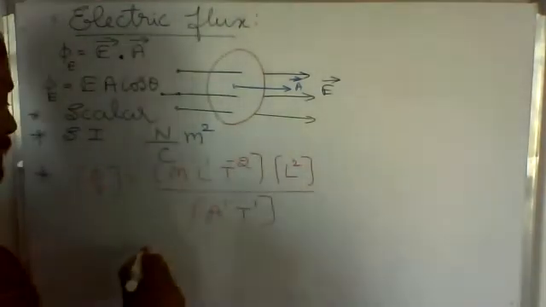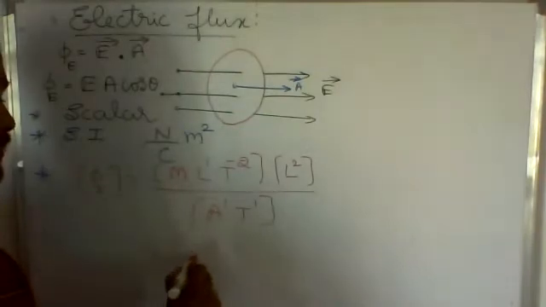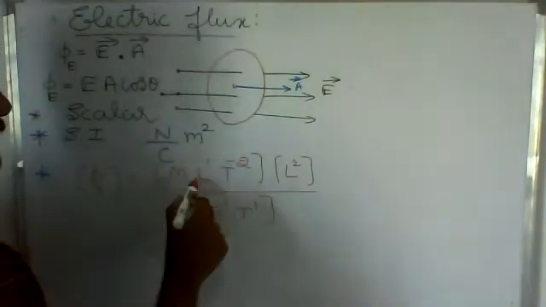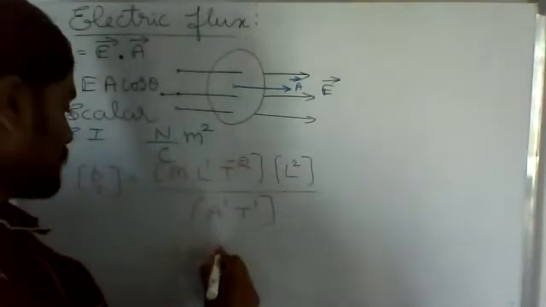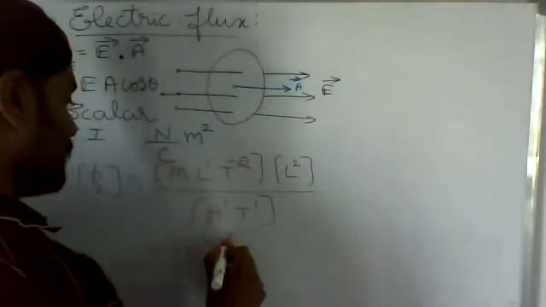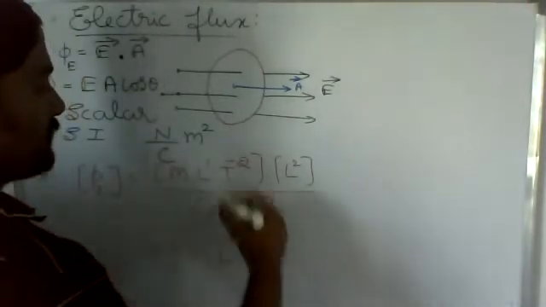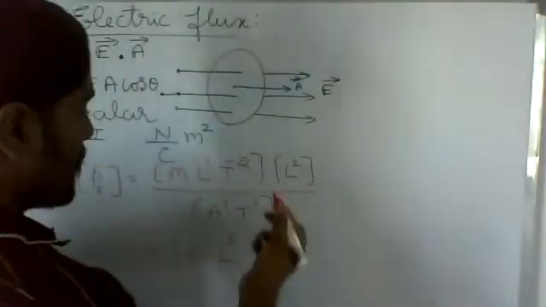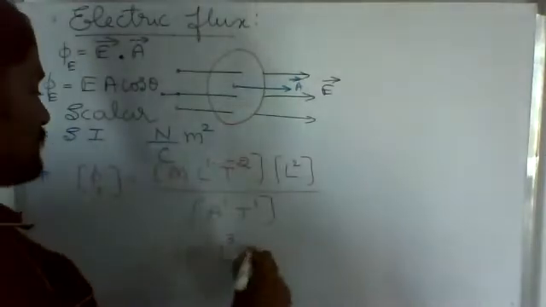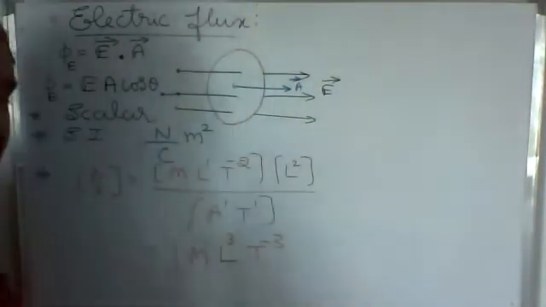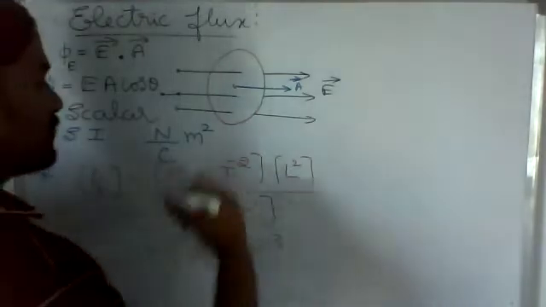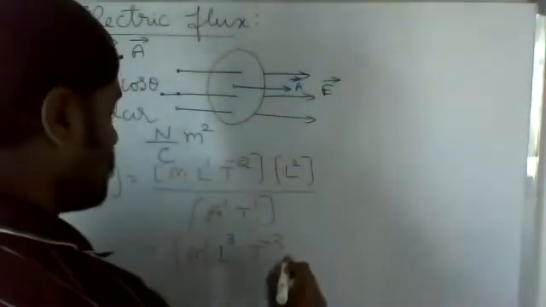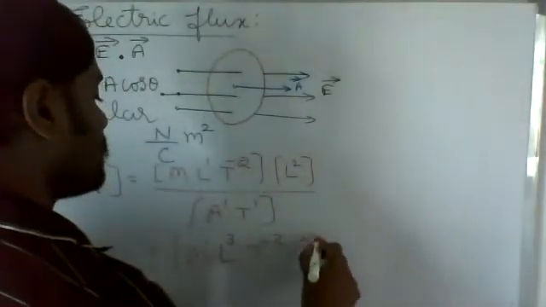After simplification we get M power 1, L power 1 and L power 2 becomes L power 3, and T is shifted to the numerator, so it becomes T power minus 1. T power minus 1 and T power minus 2 gives T power minus 3, and A is also shifted to the numerator, so it becomes A power minus 1.